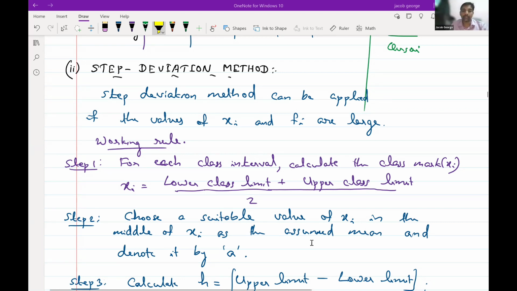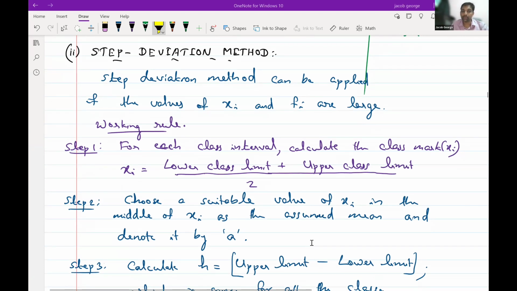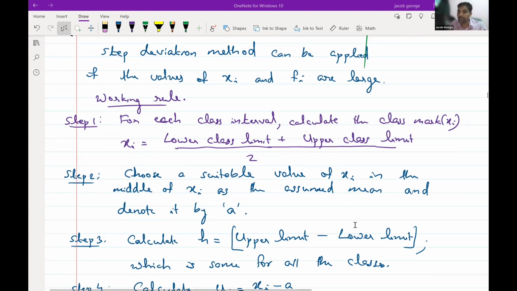Then after that, a new step is there in step deviation, that is step number 2. Can you see that step number 2? Choose a suitable value in the middle of Xi as the assumed mean. We have to select an assumed mean and denote it by small letter a.